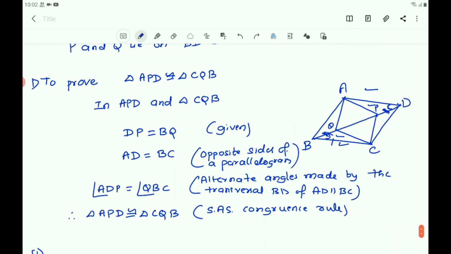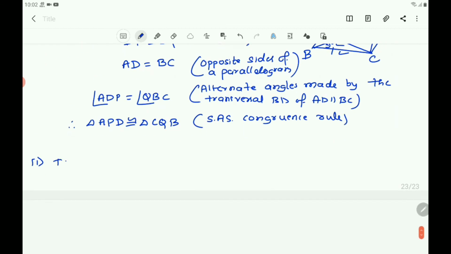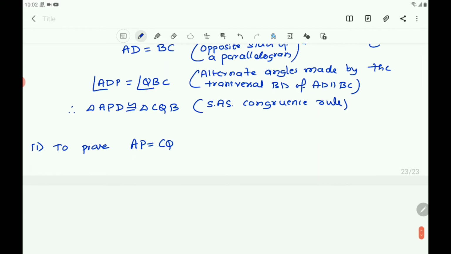So here to prove AP equals CQ, we proved that triangle APD is congruent to triangle CQB.